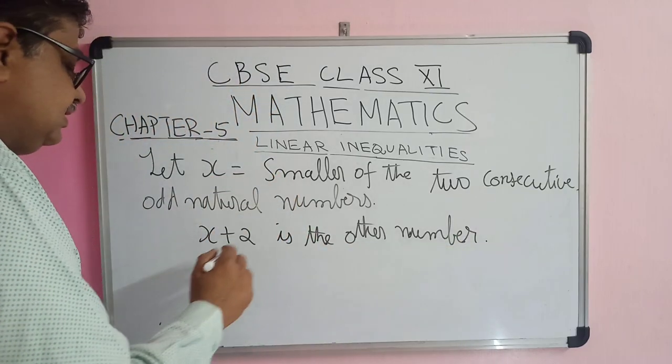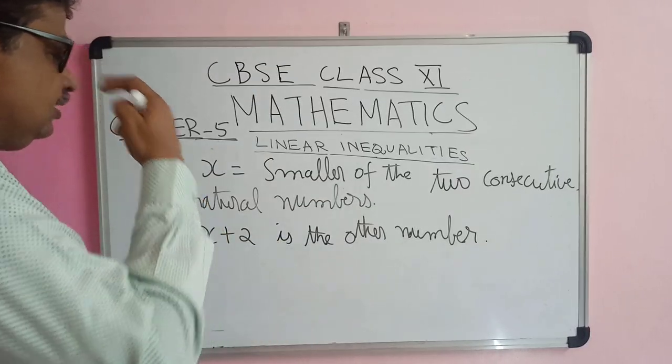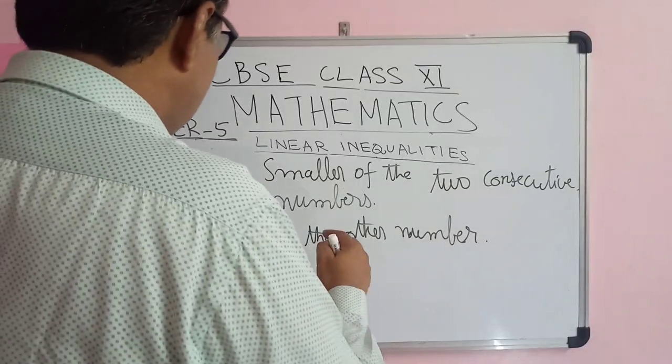So one number is x, the next number is x plus 2, because they are consecutive odd natural numbers.